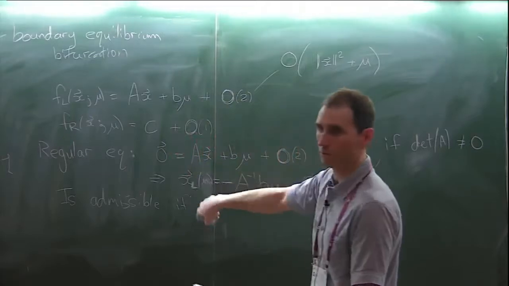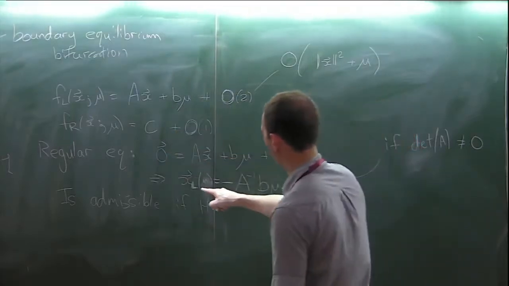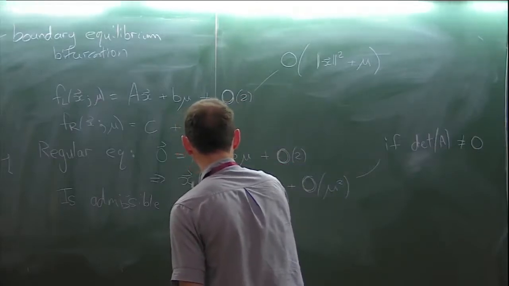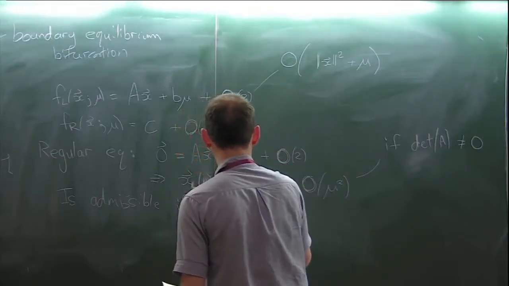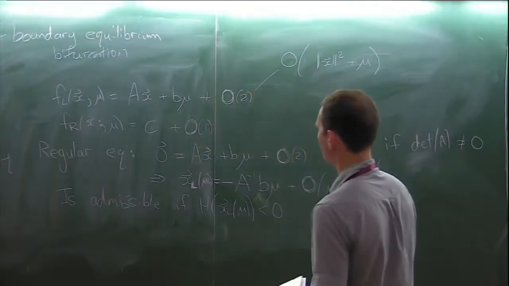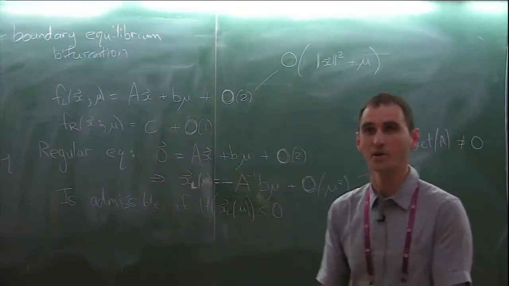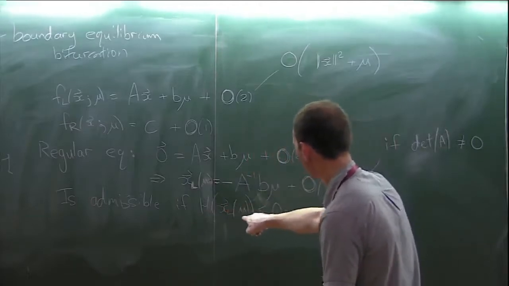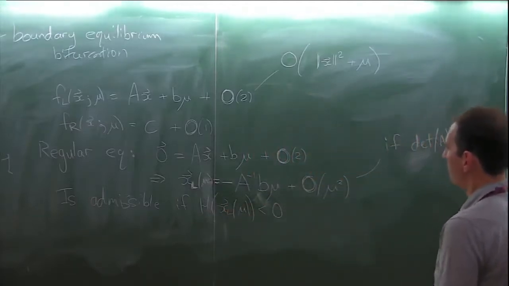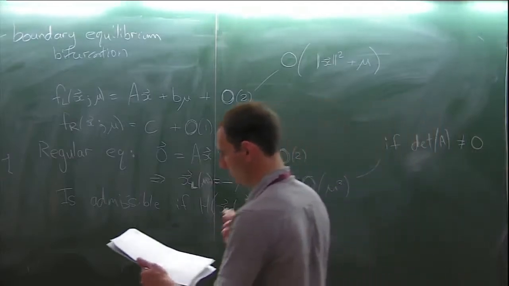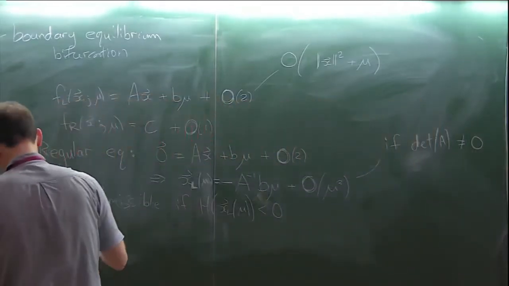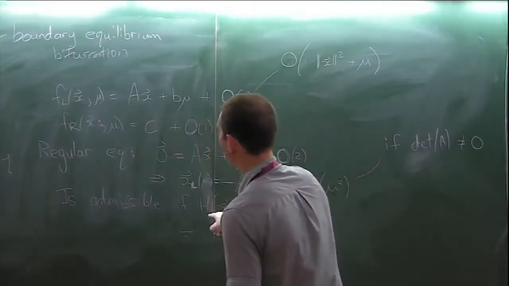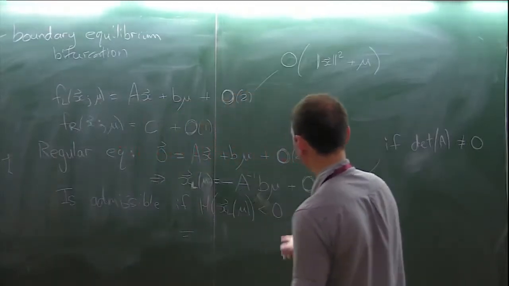I'll call it XL, because it's an equilibrium of the left system, and it's a function of mu. Just from the definition, it's admissible if H of it is negative. And so we evaluate H.